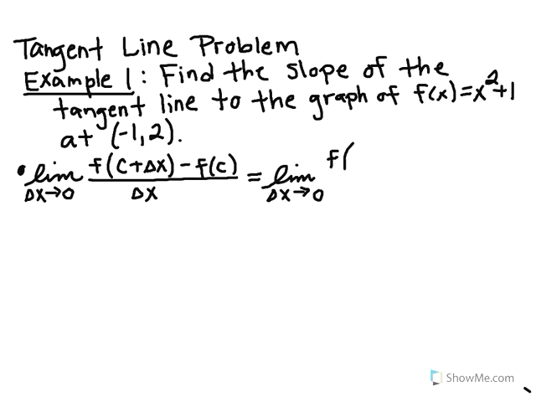So I'm going to say f of c, which happens to be negative 1. I'm going to write negative 1, and I'm going to write my plus sign and delta x. I don't know what that is. I don't know how close this other point is, but I want it to be as close as possible. So I'm just going to rewrite delta x. And then minus f of c, which is negative 1. That's the point that I'm approaching, and it's all over delta x, which I do not know.